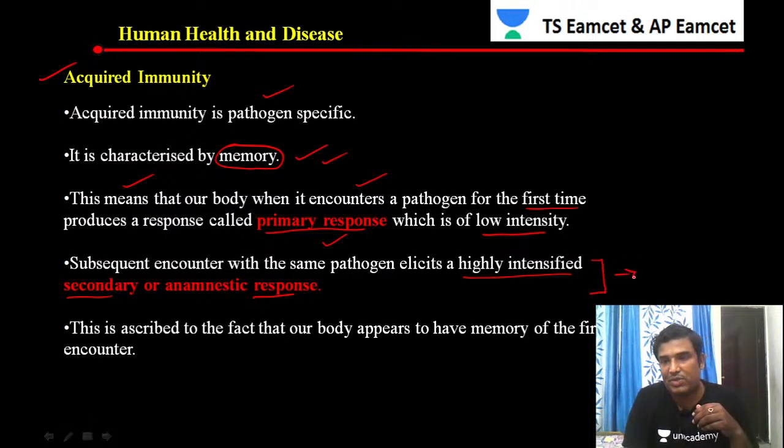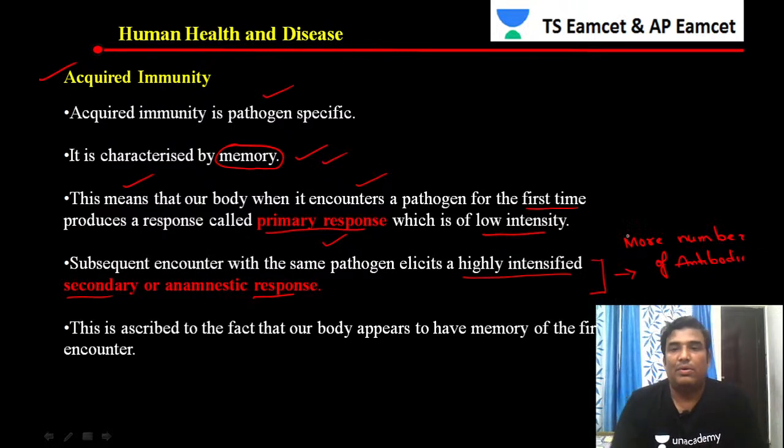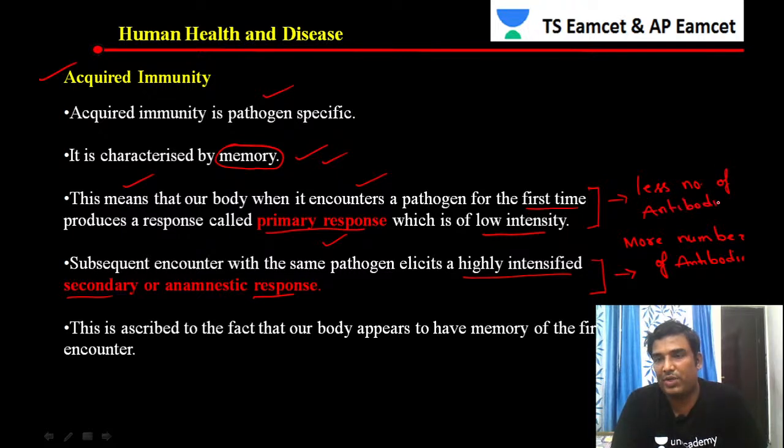In the primary response, a smaller number of antibodies will be produced.